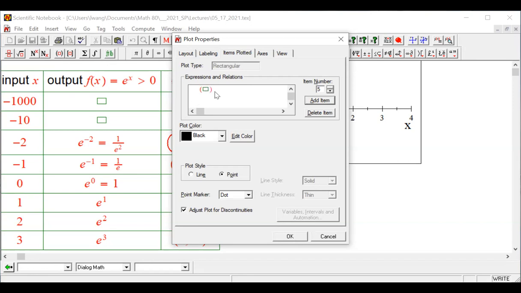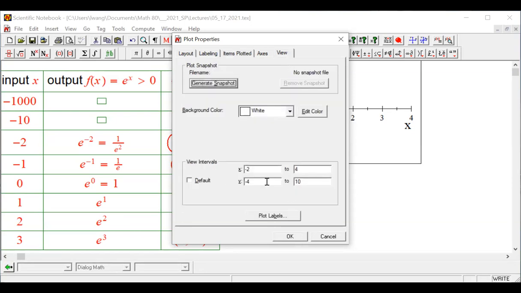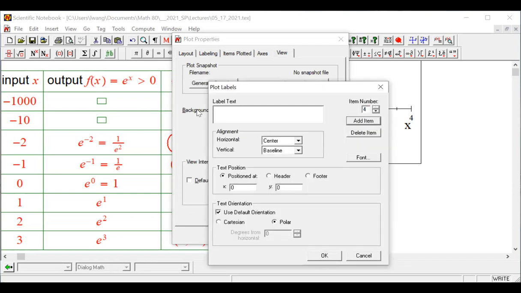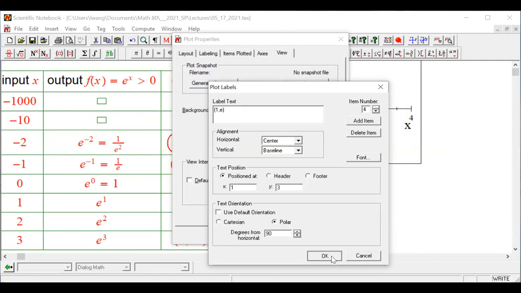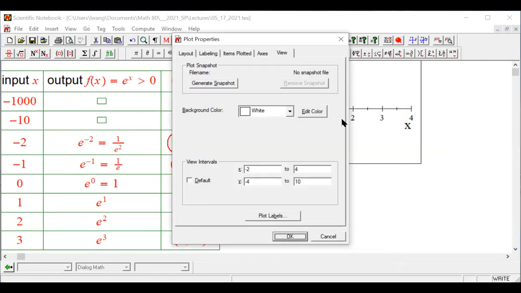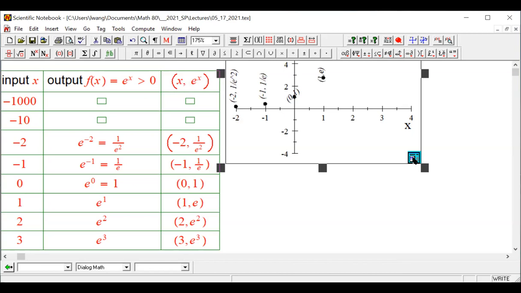So 1 comma E. So when input is 1, the output is E. Okay, and marking that point, 1 comma E. We got 1, maybe make this 3, and 90 degree. There, 1 comma E. It's not the best, but it's pretty good.